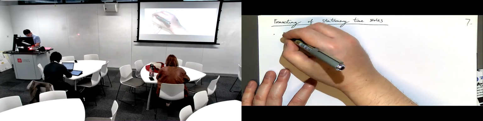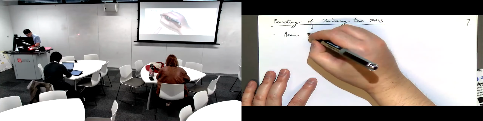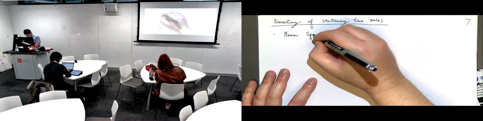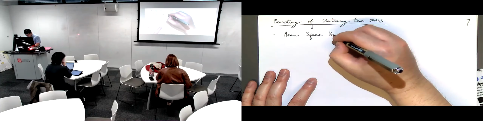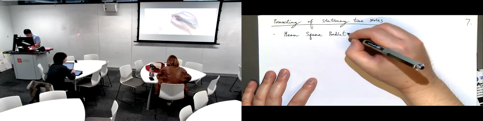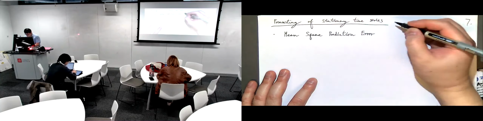That's the first thing. And we introduce the mean square prediction error. This is the most traditional kind of error.